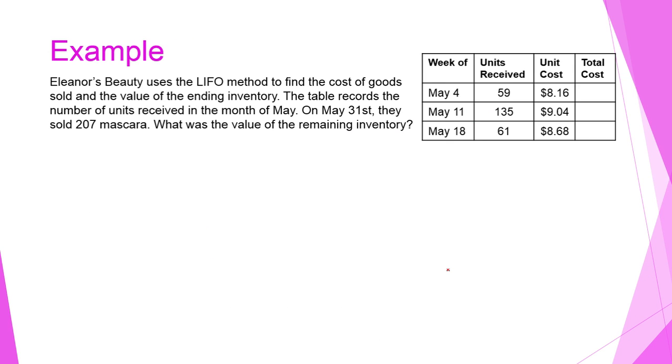Alright, here's another example. Same thing, we're looking at LIFO, last in, first out. So we're doing bottom to top, and we're looking for the remaining inventory, the value of the remaining inventory. So that means we're looking at the first date. Alright, first step, find total inventory.